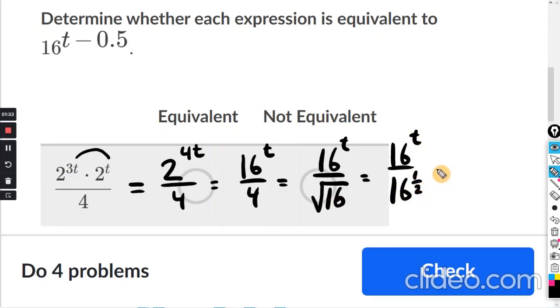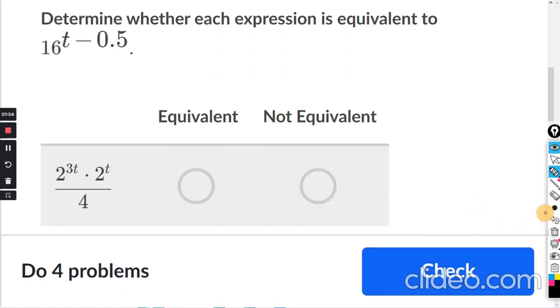Now, since the 16s match, we keep the 16 and subtracting the exponents going down, we have t minus 1/2. So that matches t minus 0.5, 16 to the t minus 1/2. So the first one is equivalent.